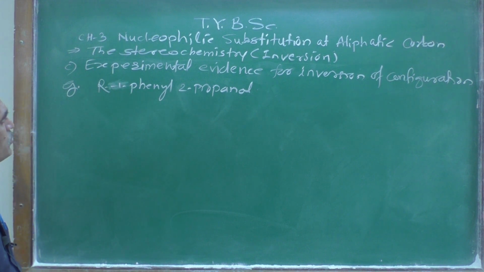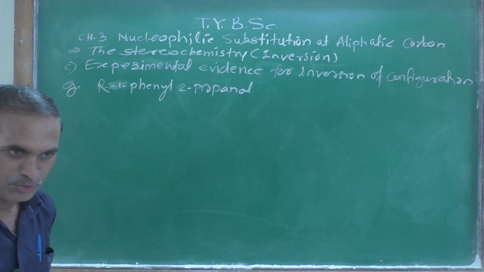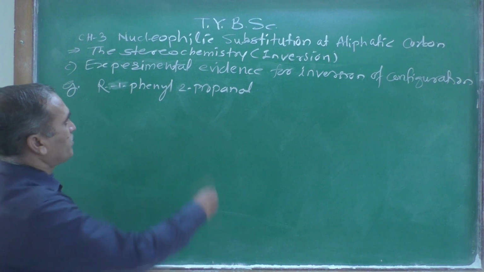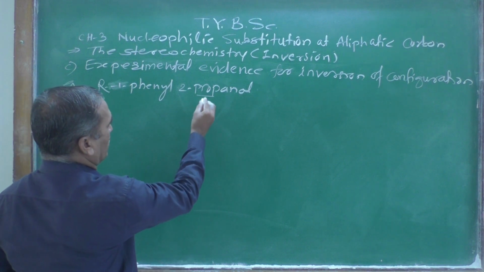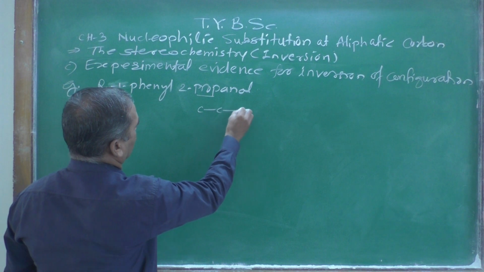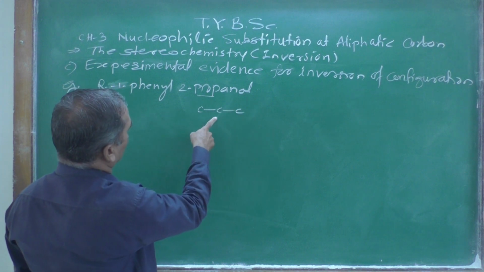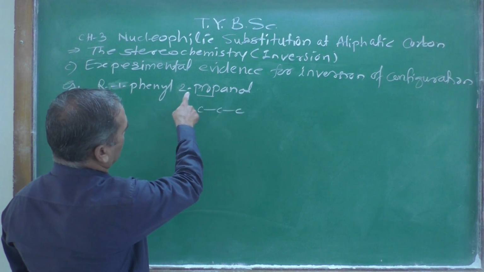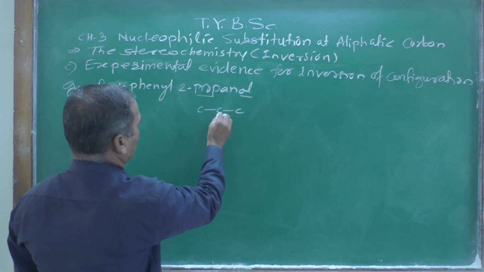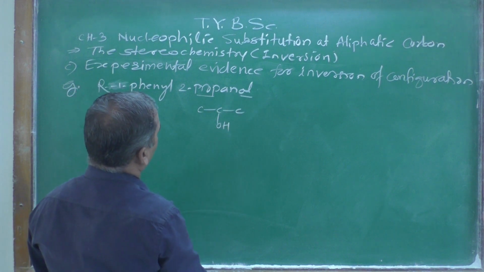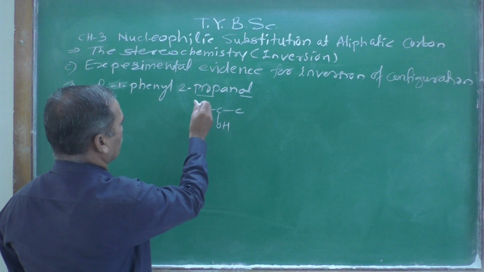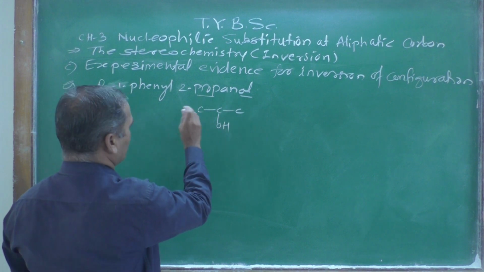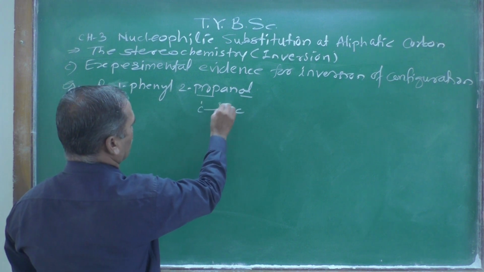Now, can you draw the structure of 1-phenyl 2-propanol first? Prop indicates a 3-carbon straight chain, right? At position 2 is the OH, the alcoholic group, and if you start numbering from this side, it is 1, 2, 3.